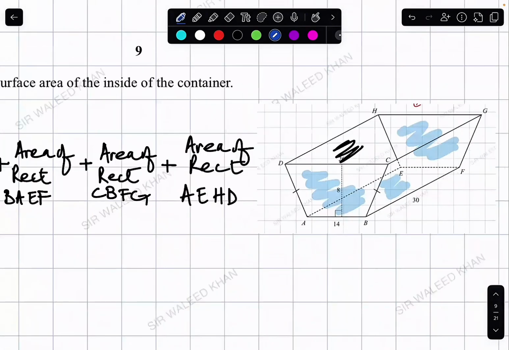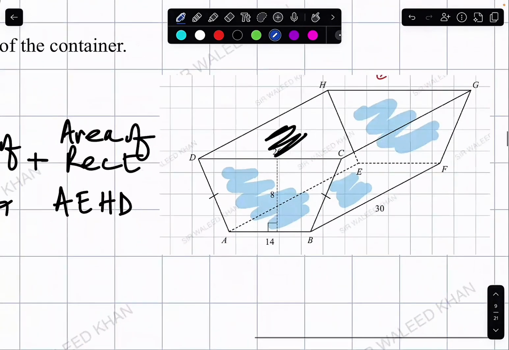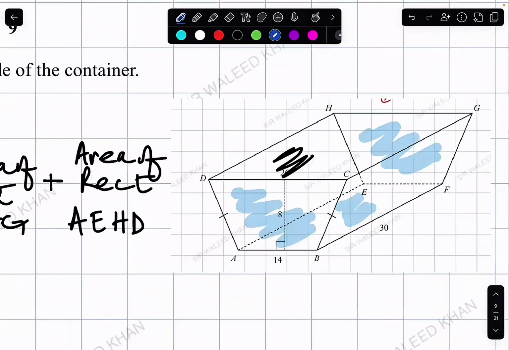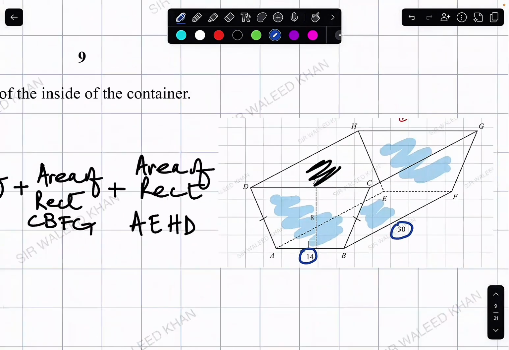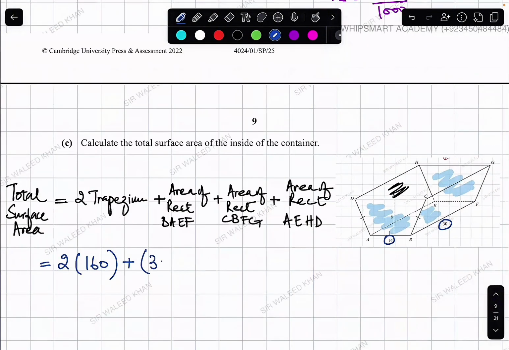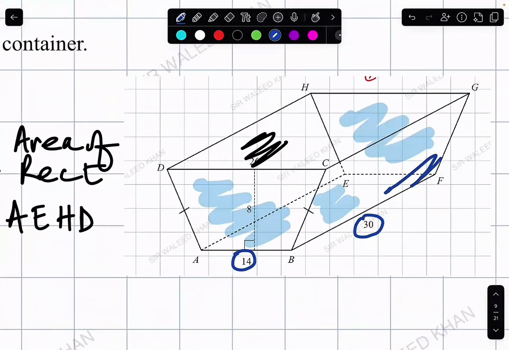So in this rectangle BAEF, I have 30 and 14, plus rectangle CBFG, this one over here.